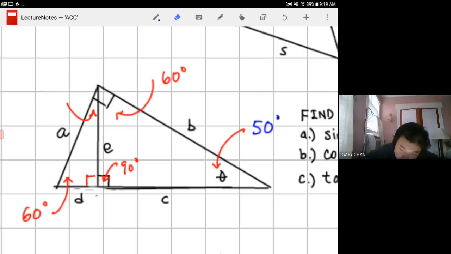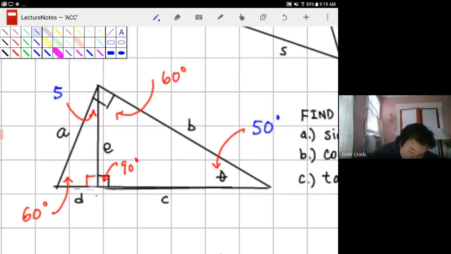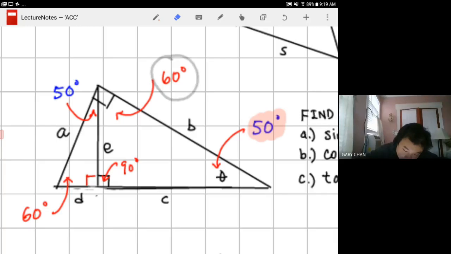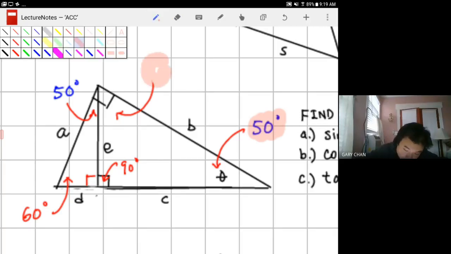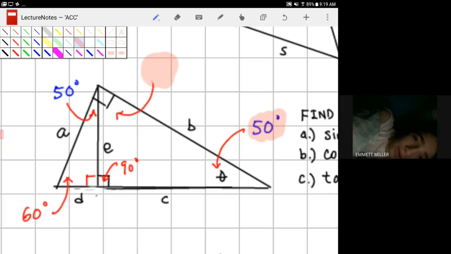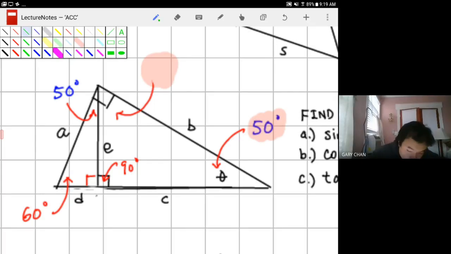And if you're having a difficult time accepting that, let's think about this. If this angle over here is indeed 50, what would the angle over here become? It would have to be 40. So in order for this to be complementary, the angle to the left of 40 must also be 50.